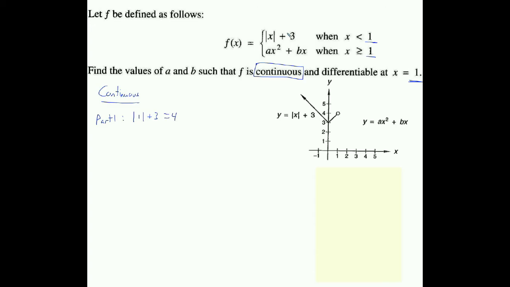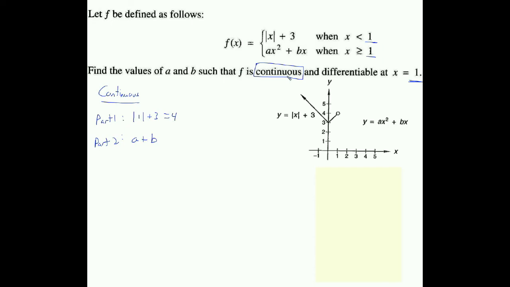And we put 1 in here: a times 1 squared, which is 1, plus b times 1, which is 1. So it has to be equal to a plus b.